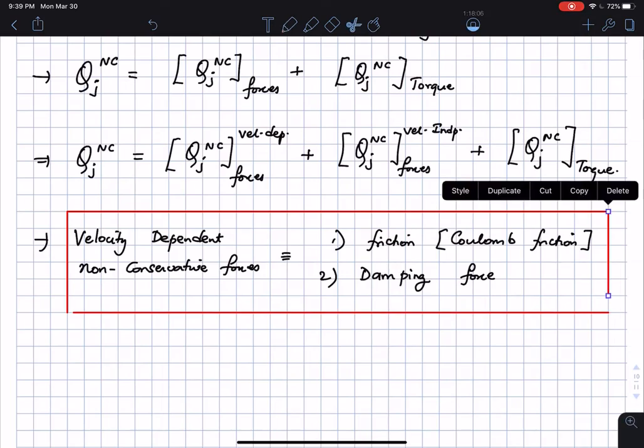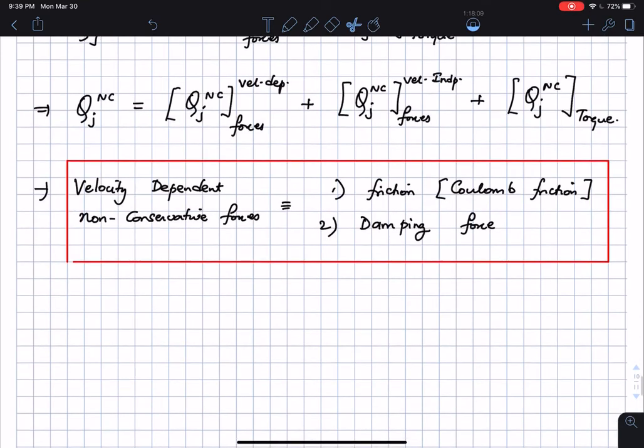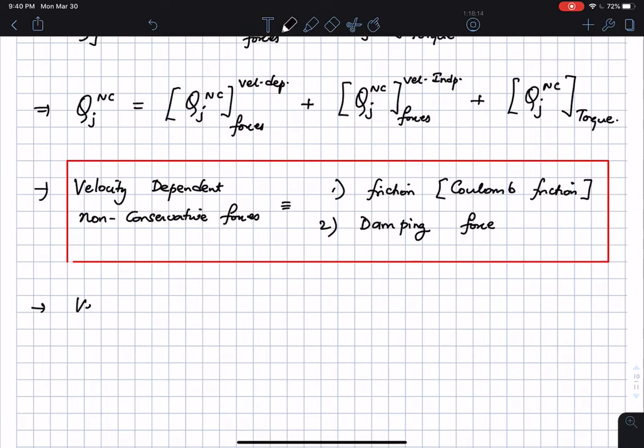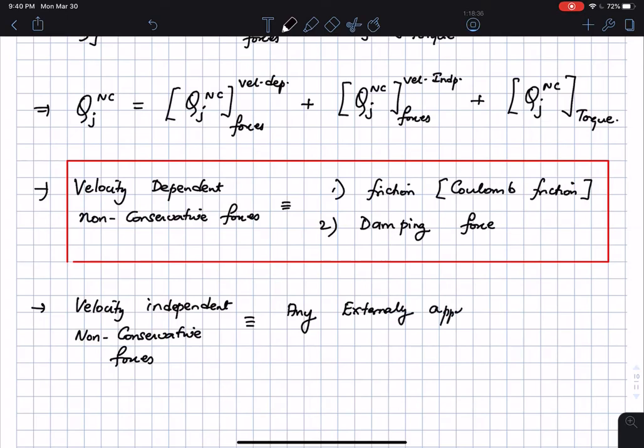And let me extend this line here. And velocity independent non-conservative forces, that's the second variety. These are typically any externally applied force that is not friction or damping.